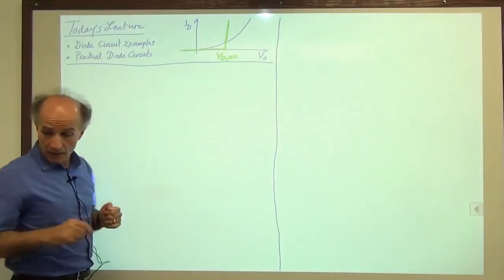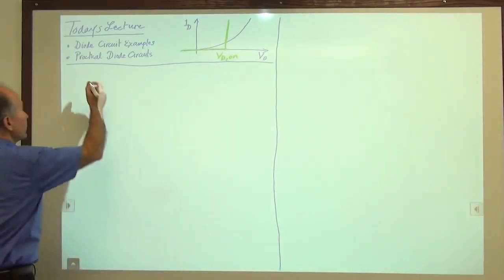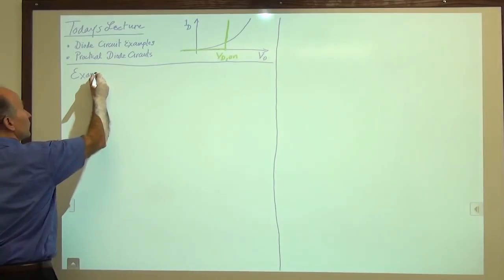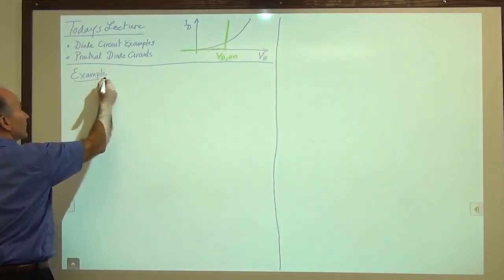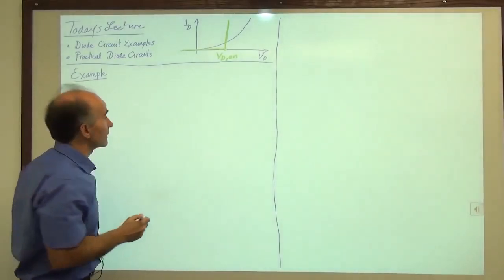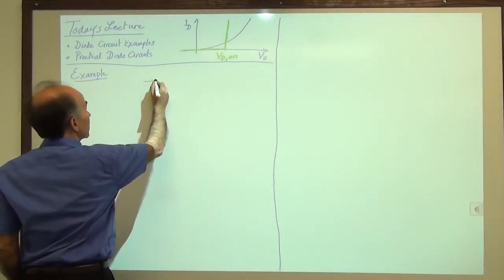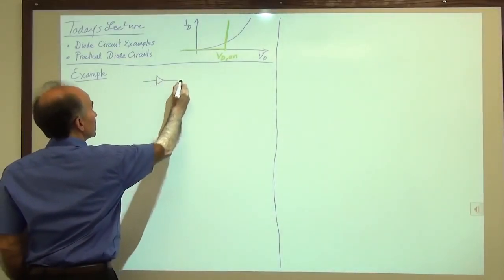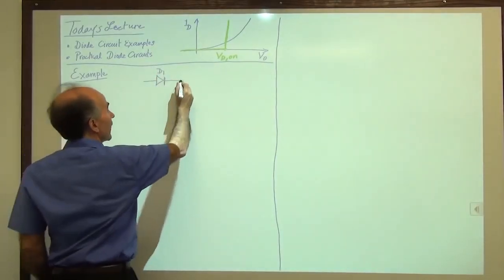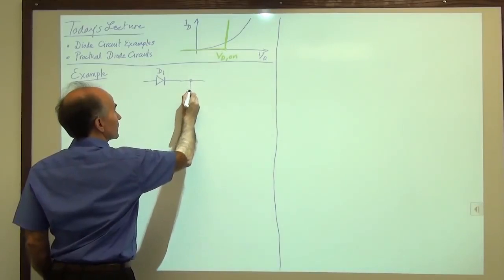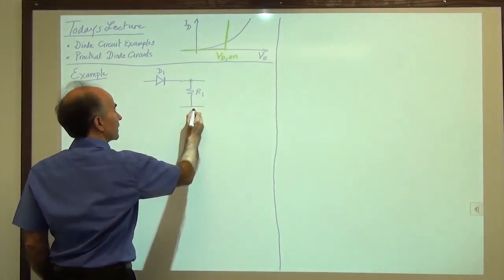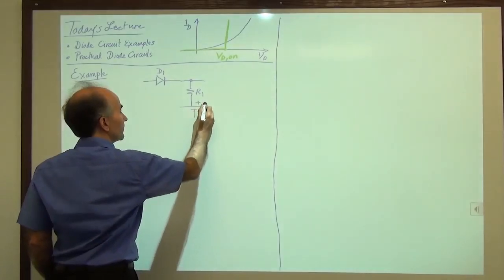All right. So in this example, we actually start out with what we analyzed last time. If you remember, we had a circuit that looked like this. We had a diode D1, and this went to a resistor R1 and then a battery called VB.